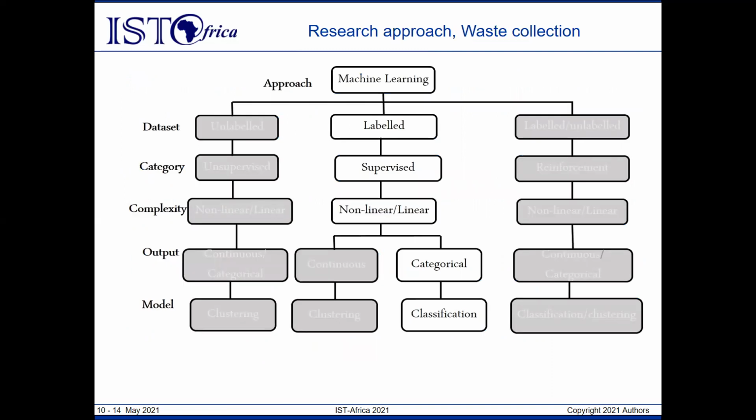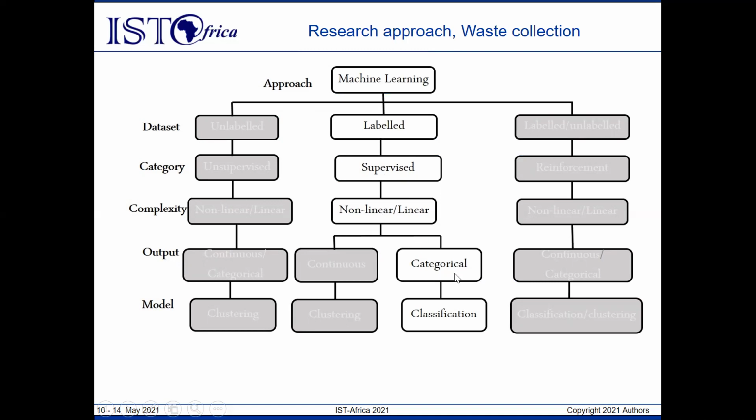Now, because we are in the era of 4IR and other enabling technologies, in this context we decided to use the approach of machine learning, whereby the data set can be labeled, unlabeled, or both. But in the case of the waste collection use case, we are using labeled data. That leads us to the category of supervised learning, right? And the complexity of this data can be labeled or unlabeled, right?